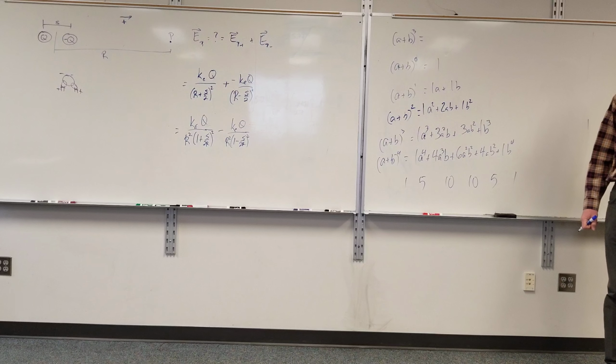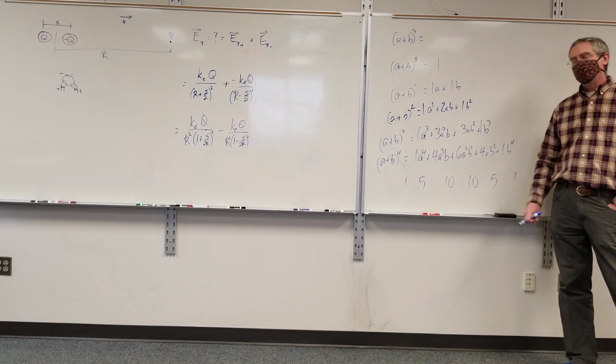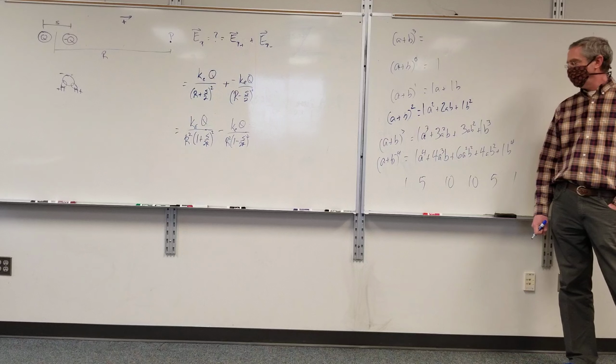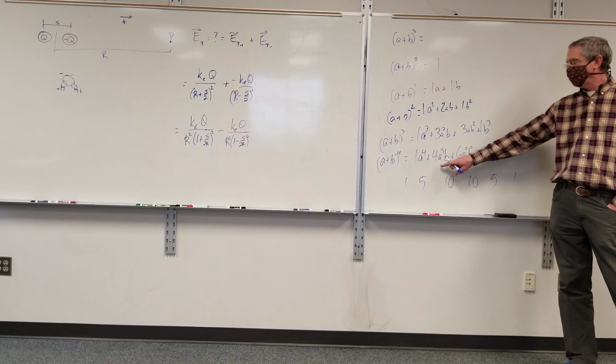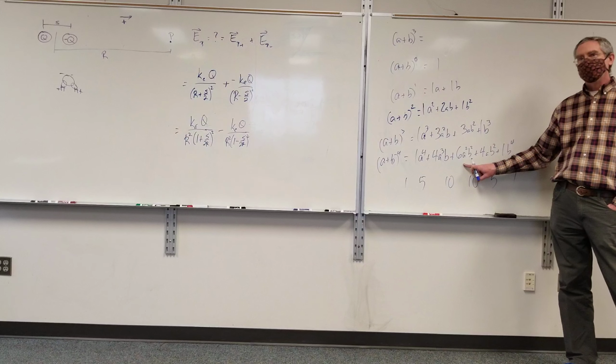You get a new coefficient, like you get an extra factor each time. How did you know it was 10? Because when we did it before, when you said 6, I figured you multiplied.